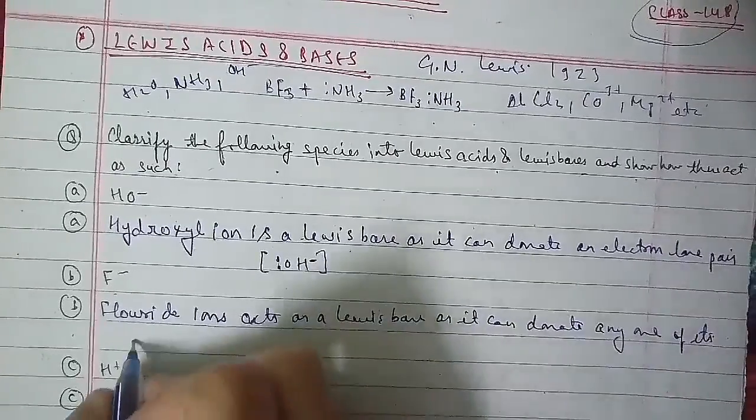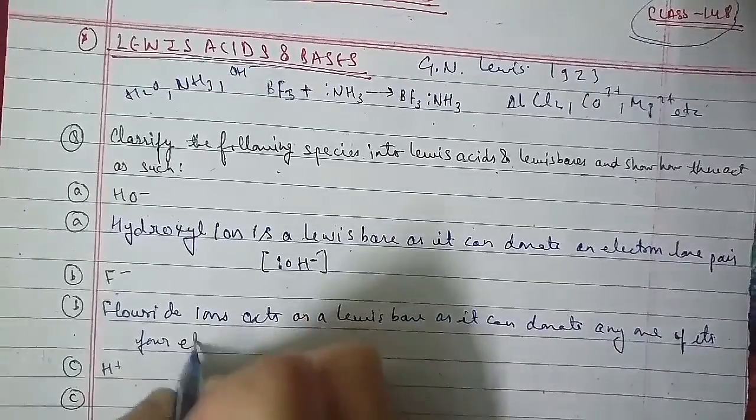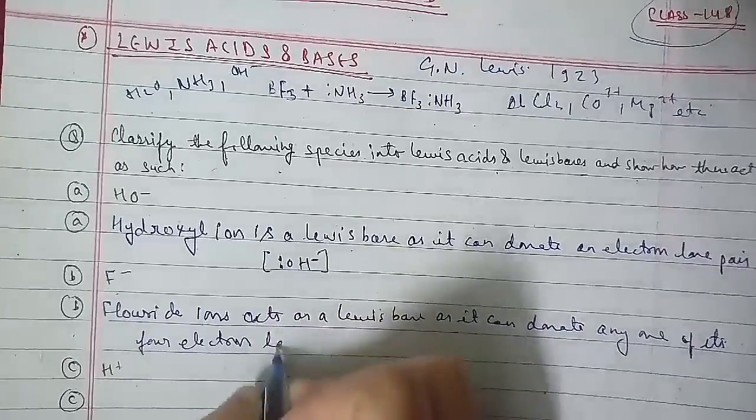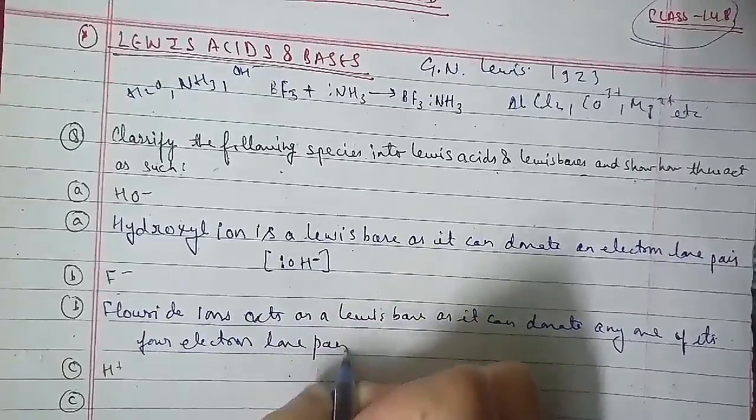For the third one we have H plus. The proton is a Lewis acid as it can accept a lone pair of electrons from bases like hydroxyl ion and fluoride ion.